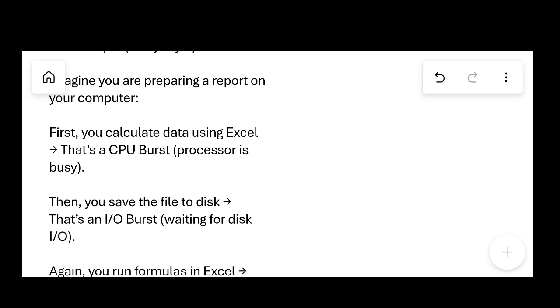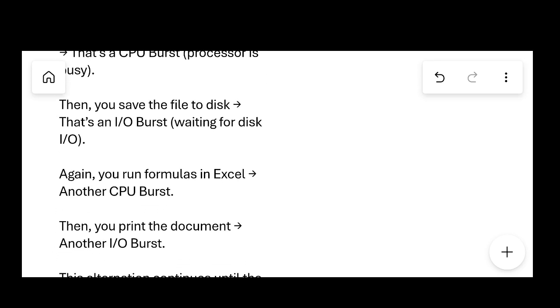Next you again run formulas, CPU burst, and finally you print the document, IO burst. So processes keep switching between CPU burst and IO burst. Some processes are CPU bound, they spend more time on CPU burst, while others are IO bound, they spend more time waiting for IO operations.